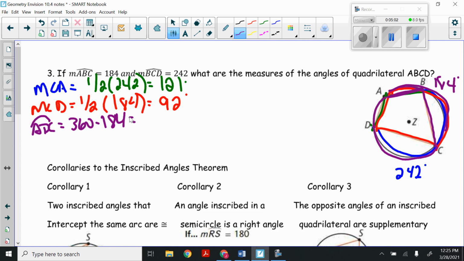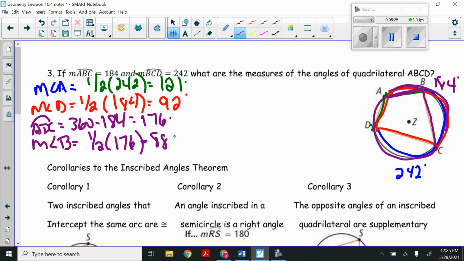So that gets me 176. So the measure of angle B is equal to 1/2 of 176, which is 88 degrees.